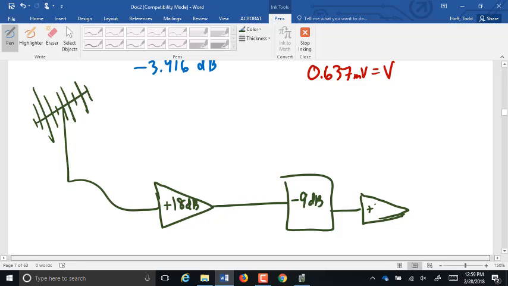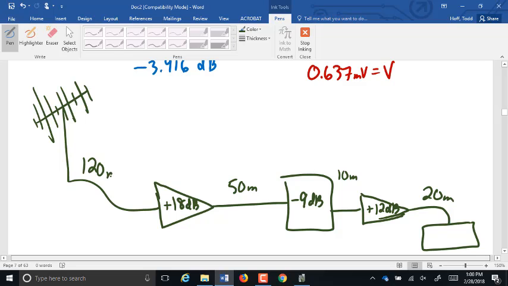Into a plus 12 dB. Let's give this 20 meters, 10 meters, 50 meters, and 120 meters here. Still negative 9 dB per 100 meters.